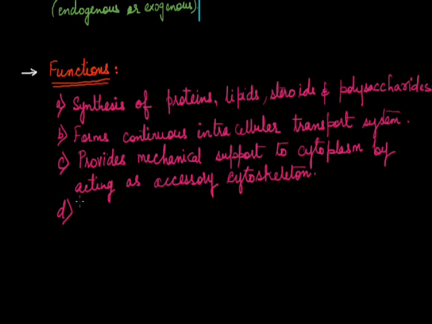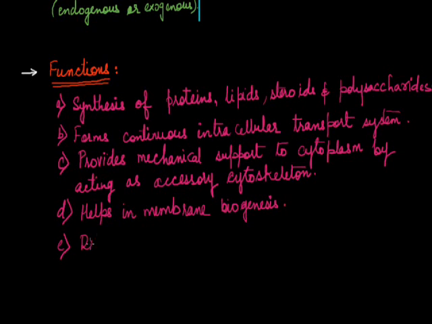So we can say ER also helps in membrane biogenesis. Also, the endoplasmic reticulum helps in detoxification of the antigens, and this function is performed by the smooth endoplasmic reticulum.